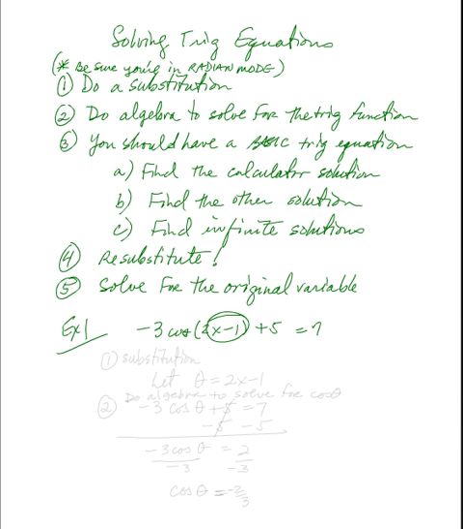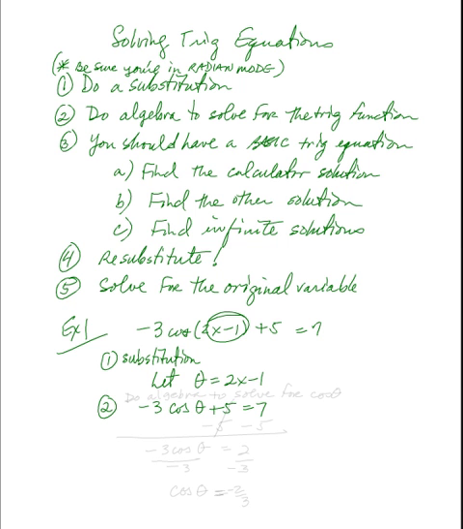So the first thing we're going to do is a substitution. I'm going to say let theta be 2x minus 1. When you rewrite this, you have negative 3 cosine of theta plus 5 equals 7. Now that's what I call a simple angle.